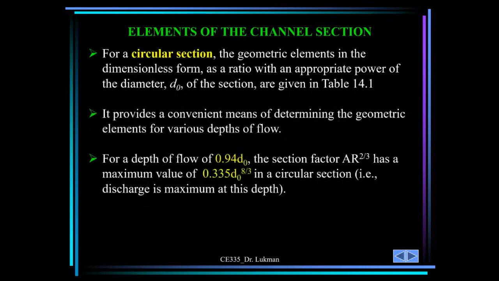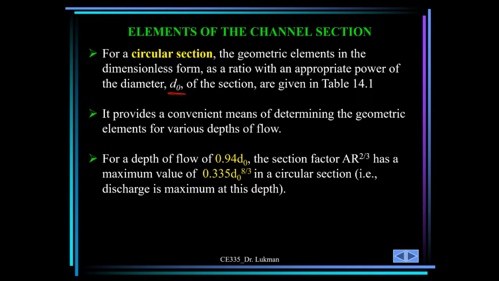Still on the elements of the channel section, for a circular section now, that was for open channel. For circular section, the geometric elements in dimensionless form as a ratio with an appropriate power of the diameter, d naught, of the section, are provided in Table 4.1.